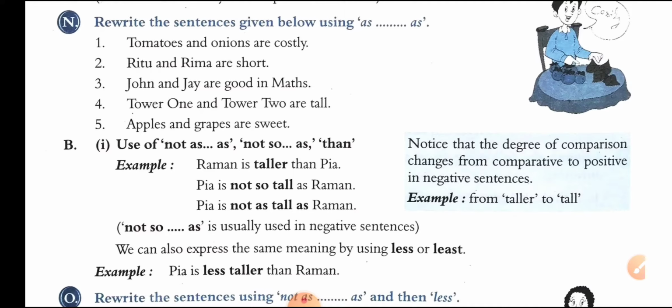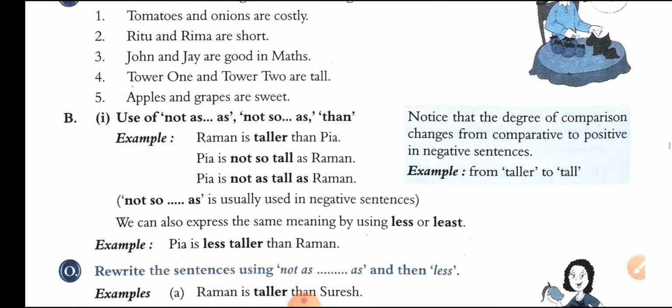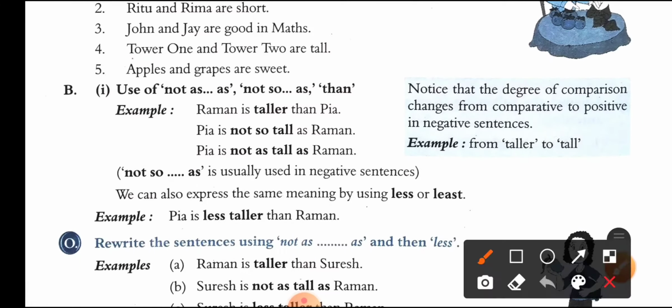Okay. B part of this is use of not as and not so as, and then we have to do than. And notice that the degree of comparison changes from comparative to positive in negative sentences. So example is given to you, Raman is taller than Pia, right?